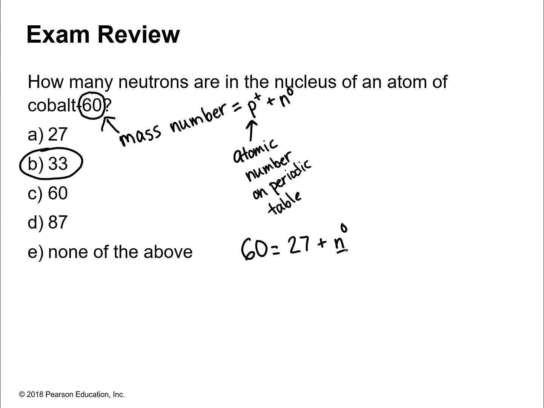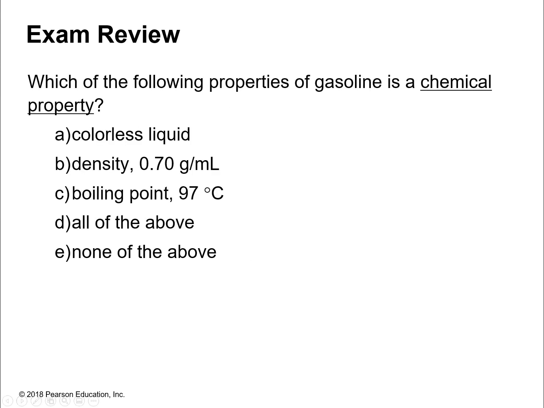And hopefully those of you who are just joining us or who didn't share your answer, hopefully you feel comfortable with this. We ready to move on to the next question? Resounding yes. All right.